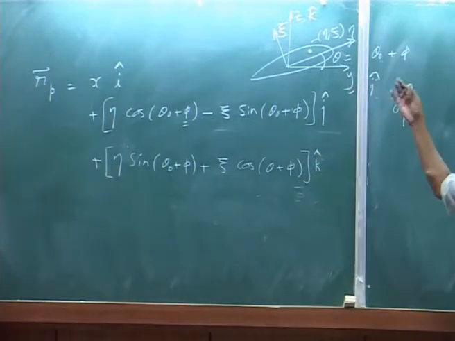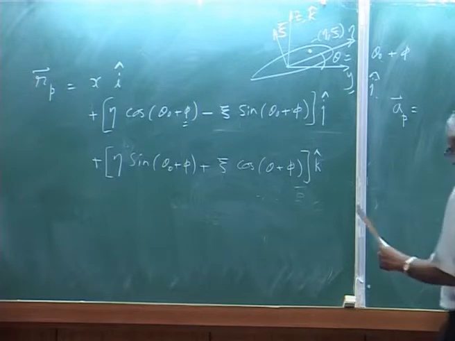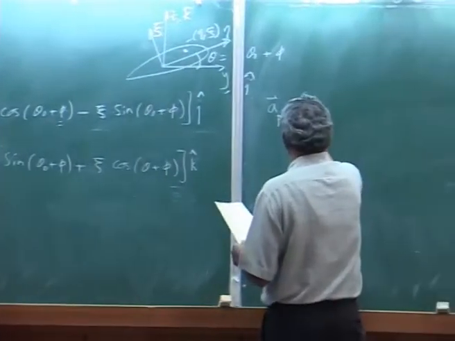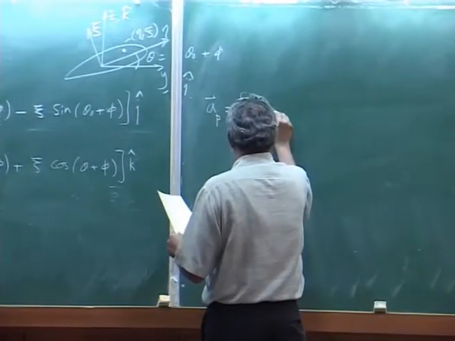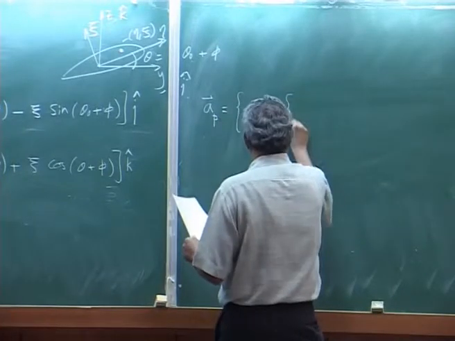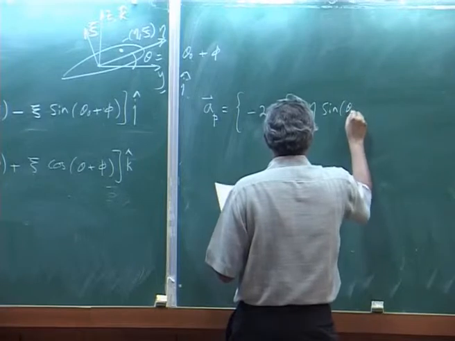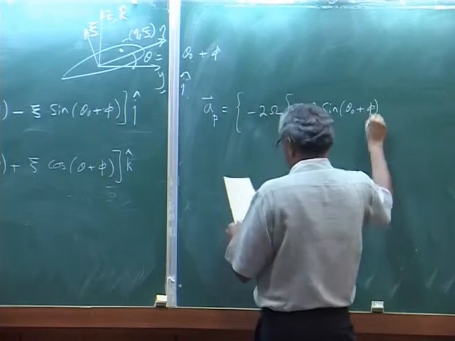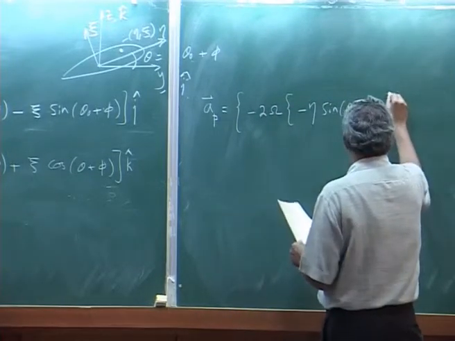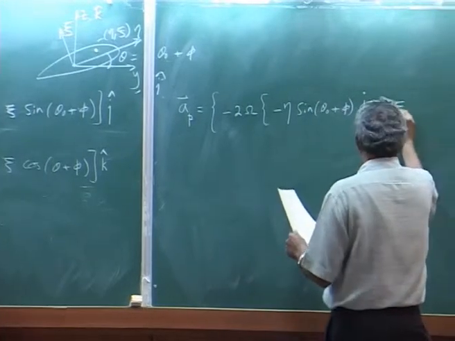So you differentiate, you do everything, because to find out the acceleration, that final expression will be like this. Okay, minus 2 omega, because you will have, please note this, your dynamics should be good, then you will be able to, you can try.